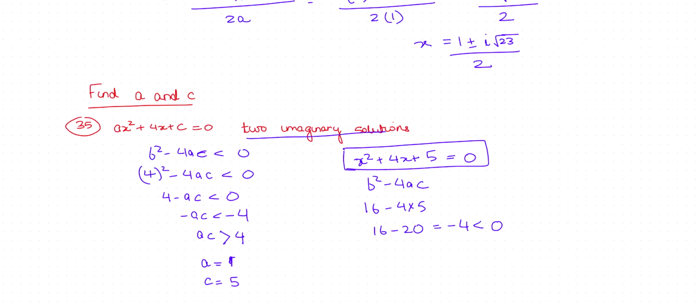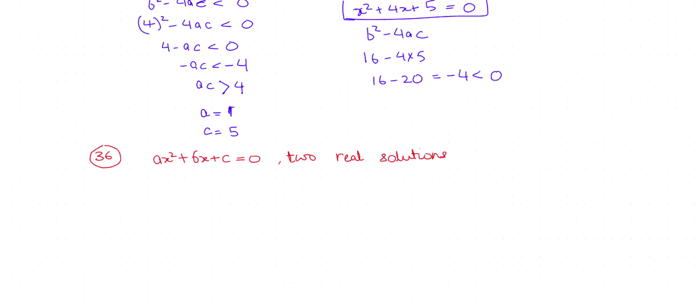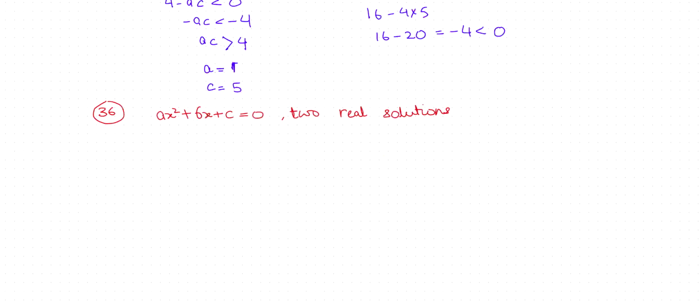Okay, let's do one more problem. So this is the equation given, and we have to find the values of a and c such that it gives two real solutions. So b here is equal to 6, and we know if it has two real solutions, it means b square minus 4ac should be greater than 0. So this will be 6 square minus 4ac should be greater than 0.